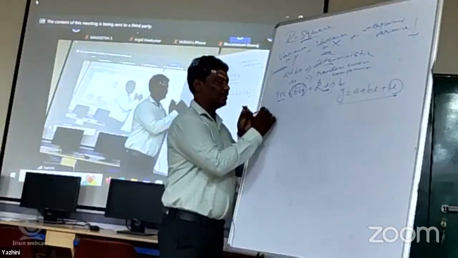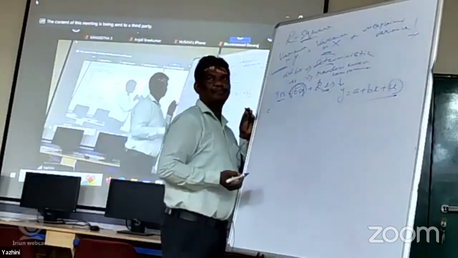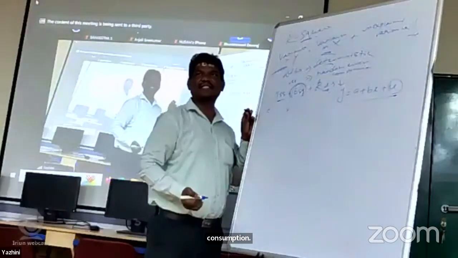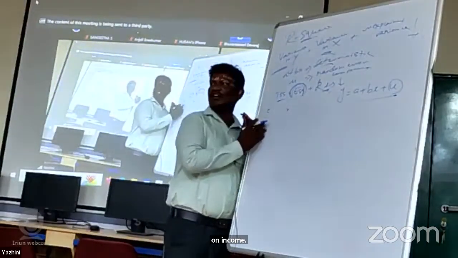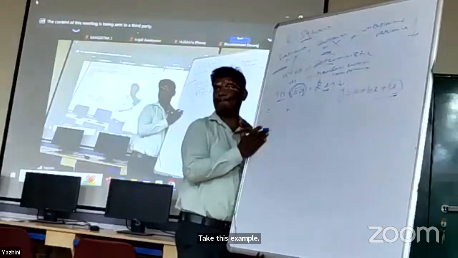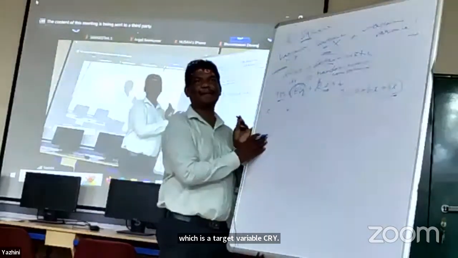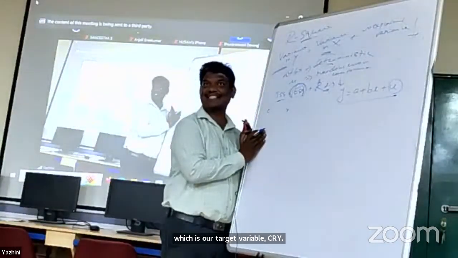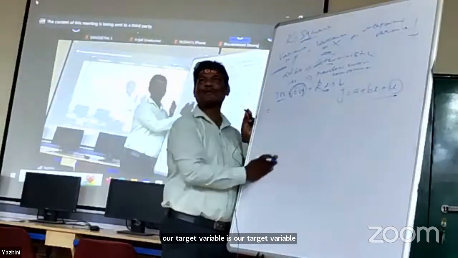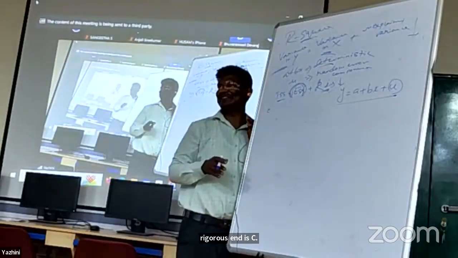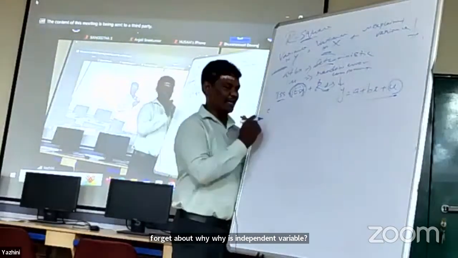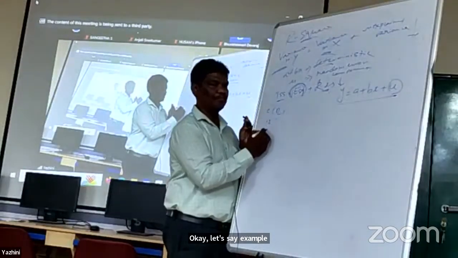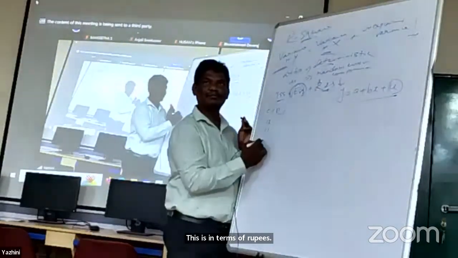Let's say consumption and income. Take this example. Which is the target variable, C or Y? Our target variable in the regression is C. Forget about Y. Y is the independent variable, which is explaining C. Let's say this is in terms of rupees: 12, 11, 10.